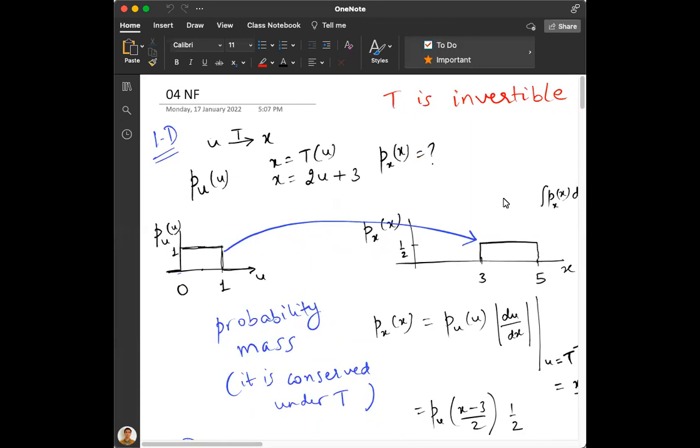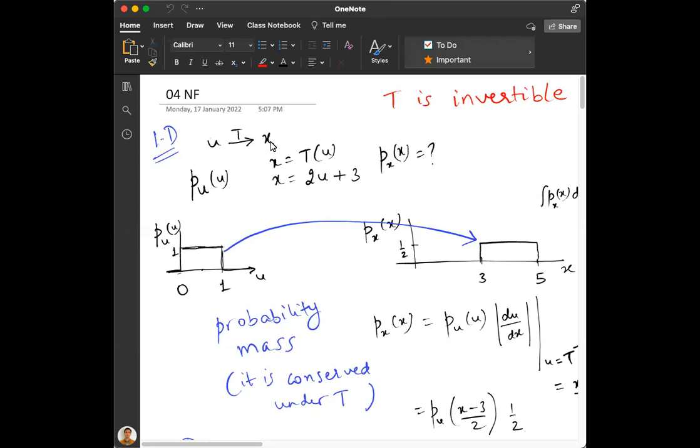So what we do is we model a distribution using a mapping. We map a simple distribution to a complicated distribution. The simple distribution could be simply a uniform distribution or a normal distribution, and we want to map it to a very complicated distribution.